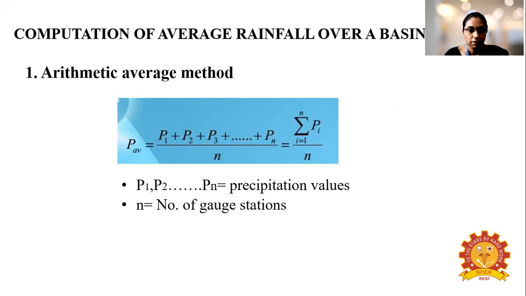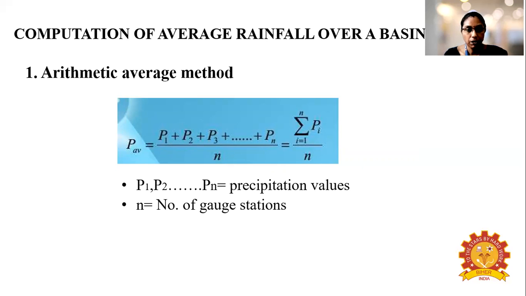That is the summation of all the precipitation values. So precipitation values are recorded at all the rain gauge stations. That is P1 at rain gauge station 1, P2, the precipitation value at rain gauge station 2, and P3, the precipitation value at rain gauge station 3.